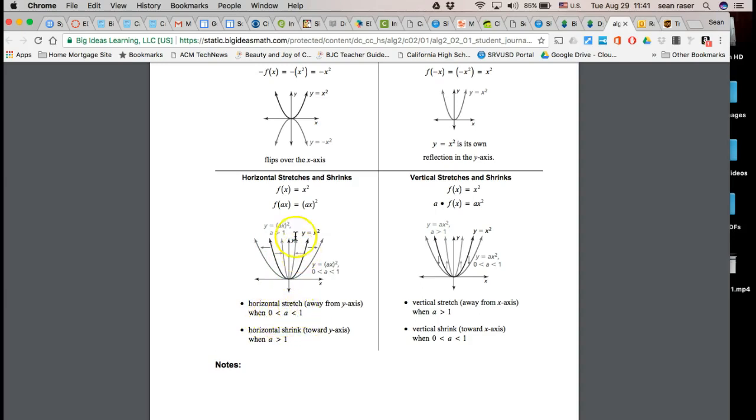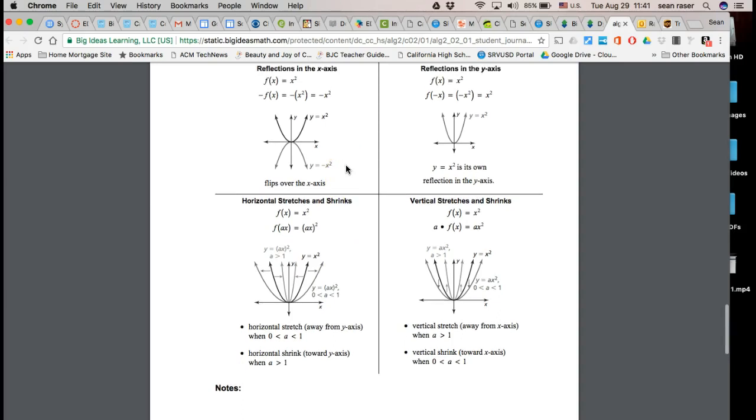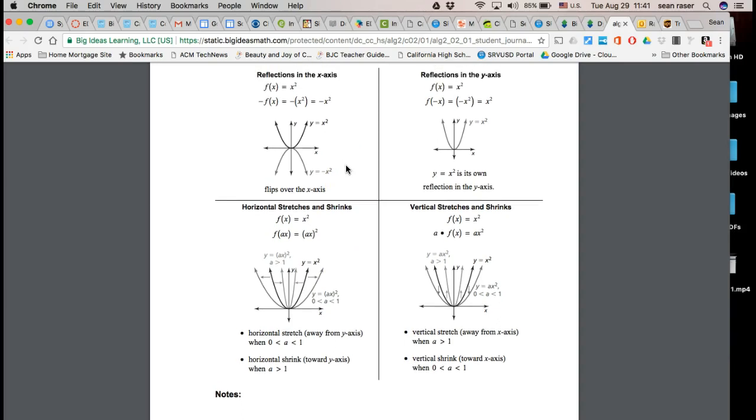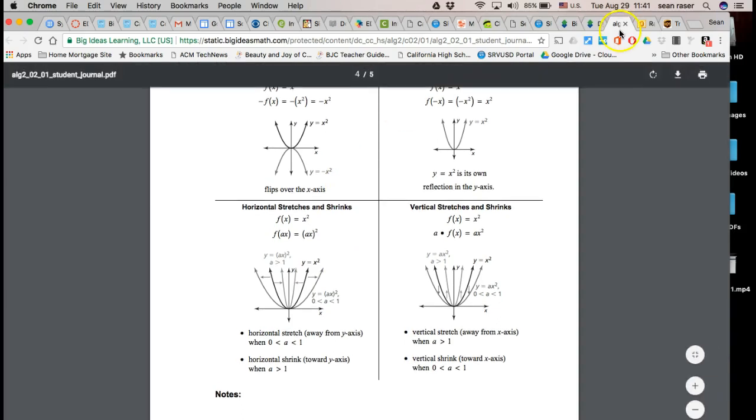And if it's greater than 1, then it's a shrink. We'll look at a couple of those examples where, to figure out your factor, you have to do the 1 over a. So we'll look at an example like that. But this is just a review to show you that all of your transformations are made the exact same way.